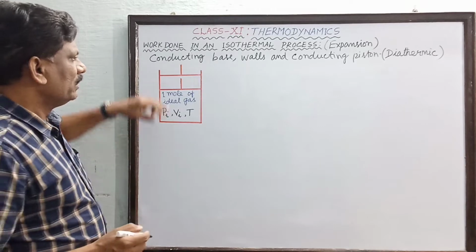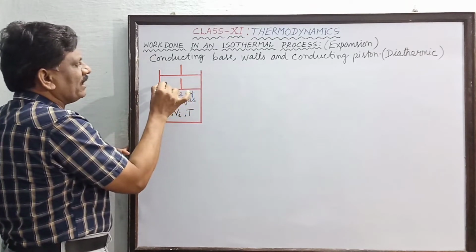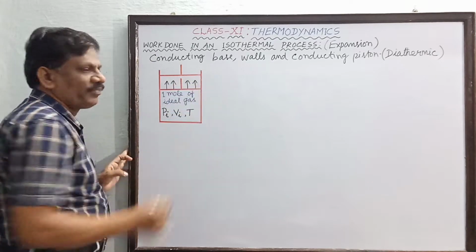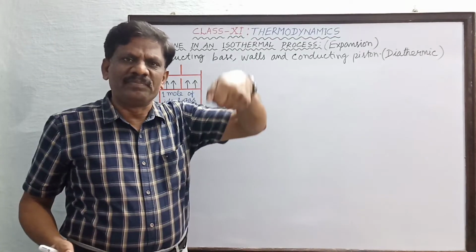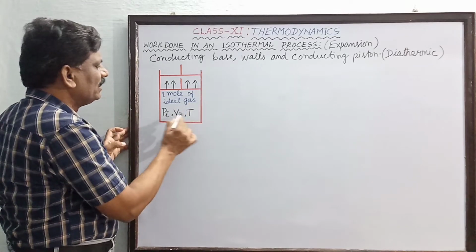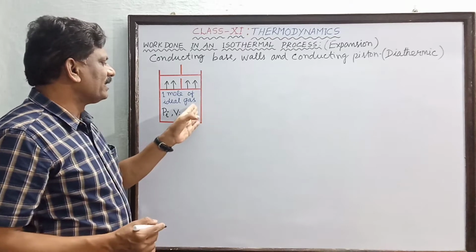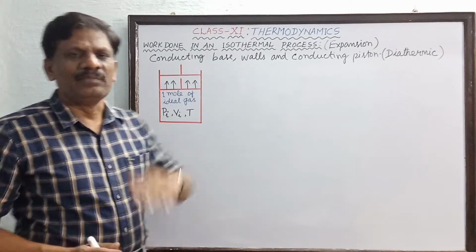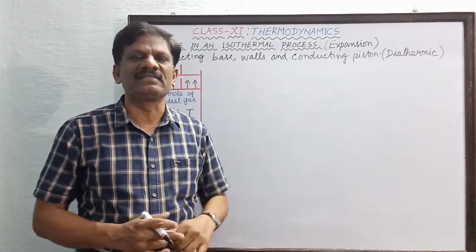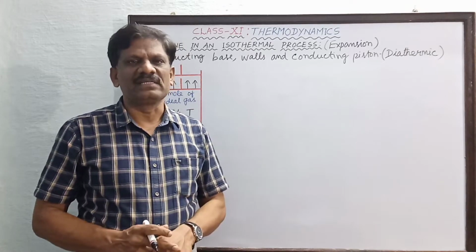Now, let us say that the piston is moved upwards very slowly. We can pull the piston upwards, or we can allow the heat to flow through the conducting walls of the cylinder, so that when heat enters the gas the piston will slowly move upwards, because an isothermal process should be a quasi-static, infinitely slow process.